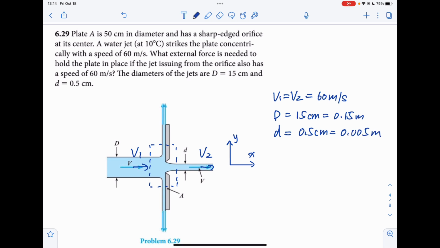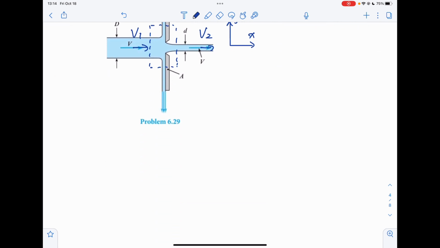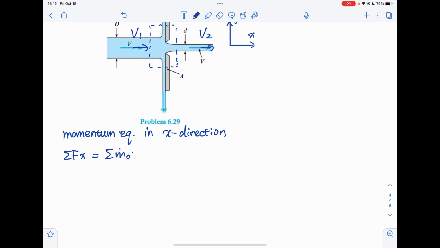Okay, now we're gonna write down the momentum equation in x direction. Fx equals the mass flux moving out times the velocity moving out, minus the mass flux moving in times the velocity moving in.